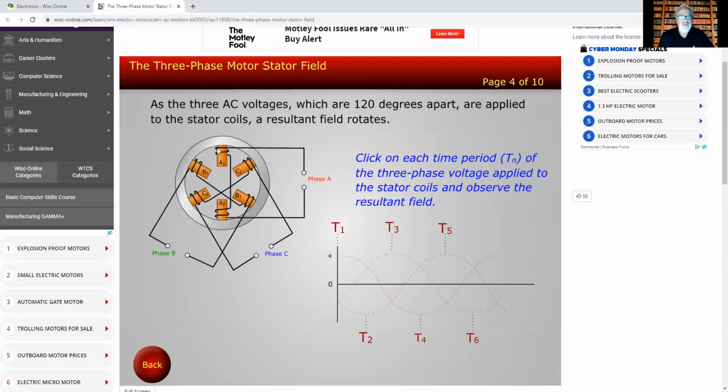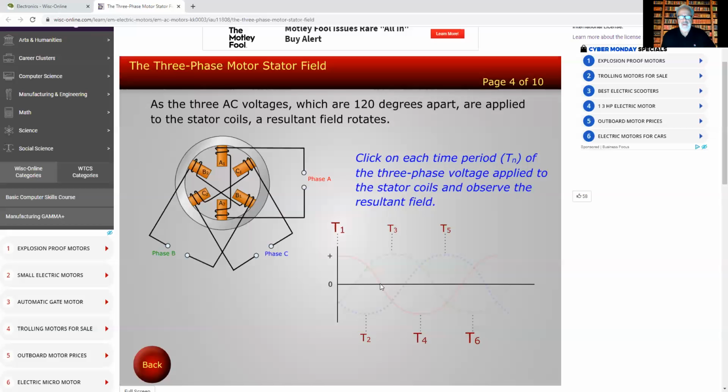Now, if we looked at each one of these, here are three phases of electricity that we're going to bring in. Here's phase A, here is phase B, and here is phase C. What we would see, and we'll show you in a little bit, is that each of these voltages is 120 degrees apart.